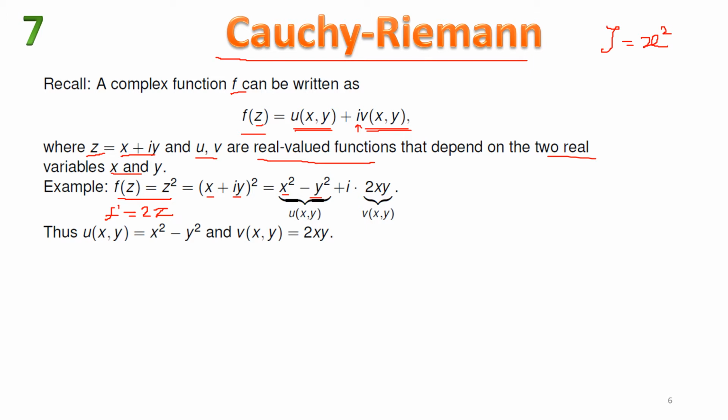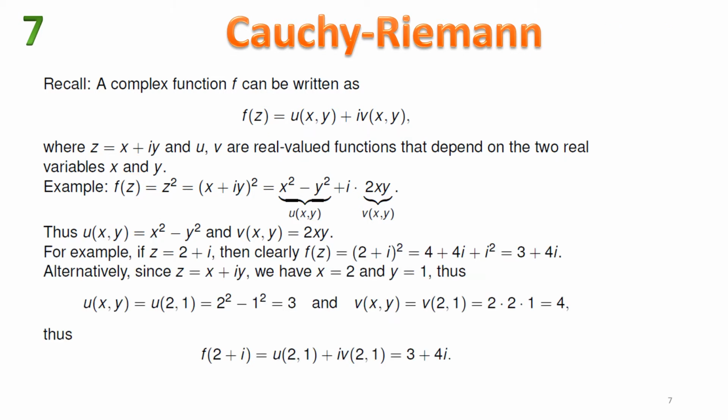So here x squared minus y squared forms a real part, and twice xy forms an imaginary part, which we represent as u and v. x squared minus y squared we represent as function u that depends upon x, y, and twice xy is a function represented by v. So here u is x squared minus y squared, and v is twice xy. That's it.